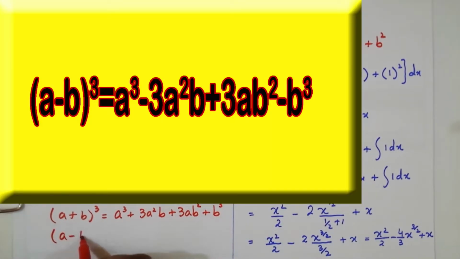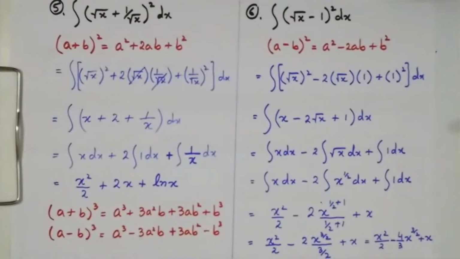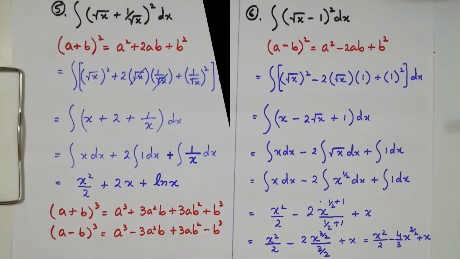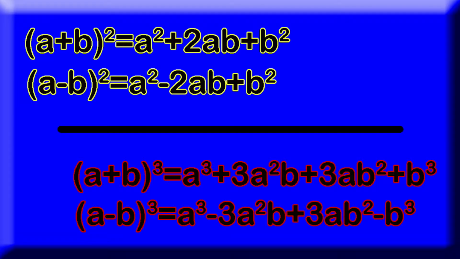Same with the negative sign, a cube minus 3a square b. If the power of the question is cube, then you can use these two formulas.